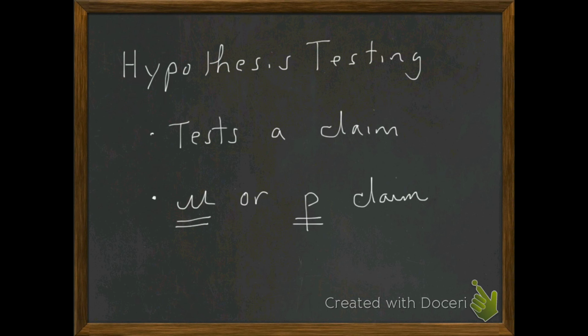For example, let's say that someone says that it takes 3.2 minutes on average for drive-through service at Tim Hortons. Or let's say that someone makes a claim that 12% of students at Ohio State University are UK fans.